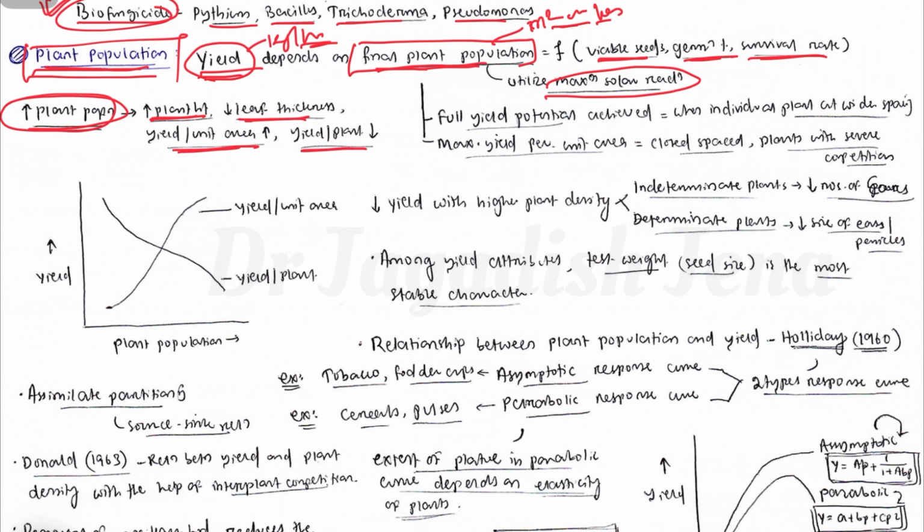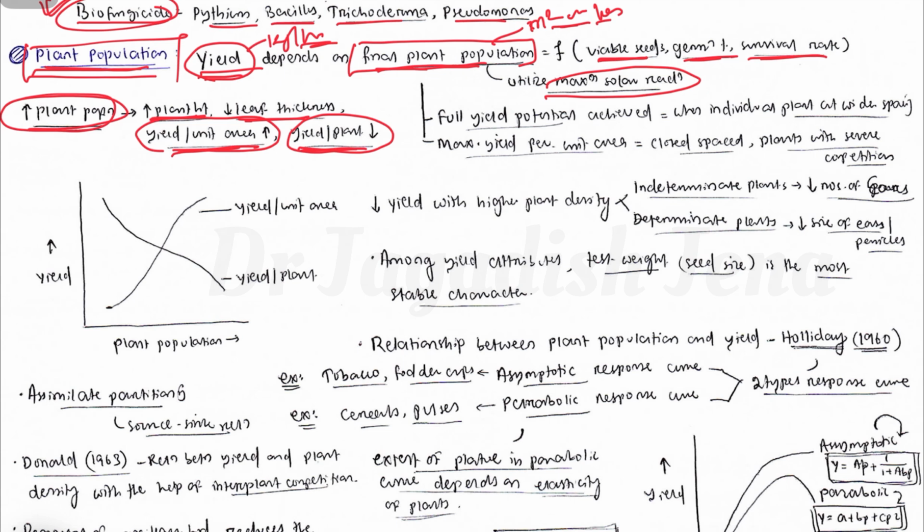So what happens when there are more plants in a particular area? That means we have raised the plants at a closer spacing. When we do that, intra-plant competition will be more, which will reduce the yield per plant. But as the number of plants per unit area increases, the yield per unit area will be more.